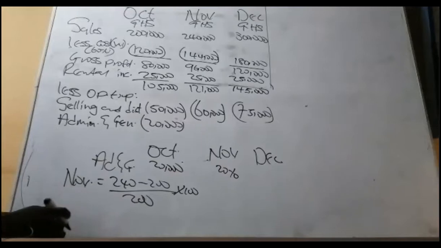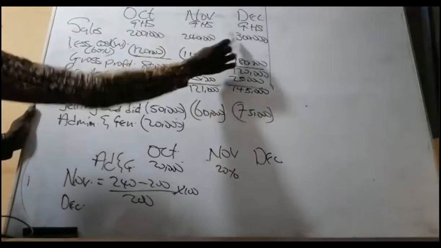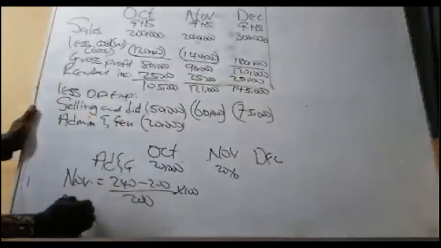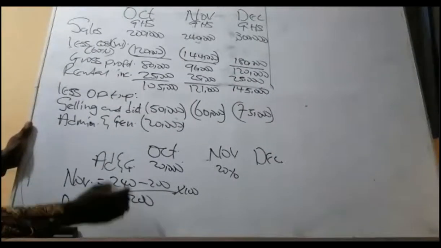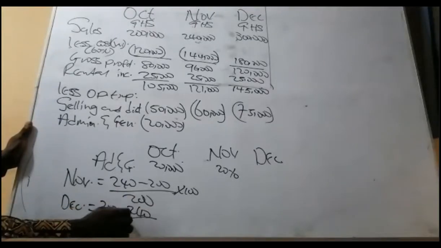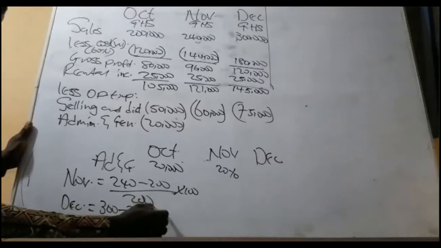Let's do for December. December sales against November. So the movement, this and this. Still, it will be the 300,000 less the old sales of 240, all divided by the old sales of 240 times 100.